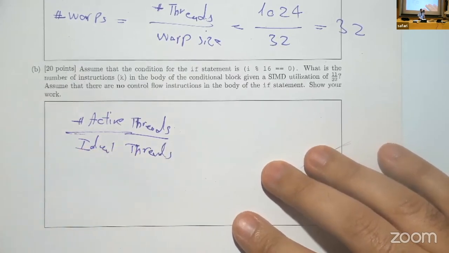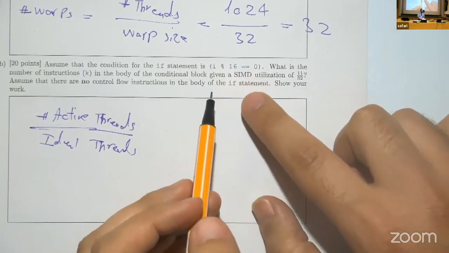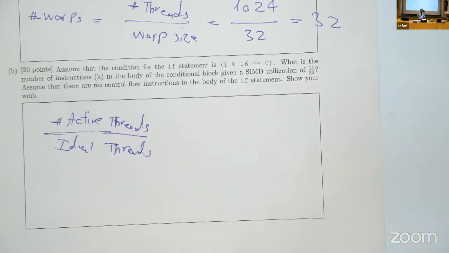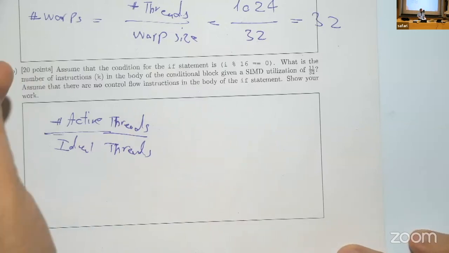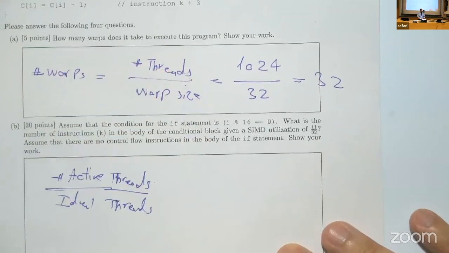Our if statement is i mod 16 equals 0, which means that in every warp, there are 2 threads, thread ID 0 and thread ID 16, that will take this branch. The others don't enter the if block and go to this instruction, the K+3 instruction.